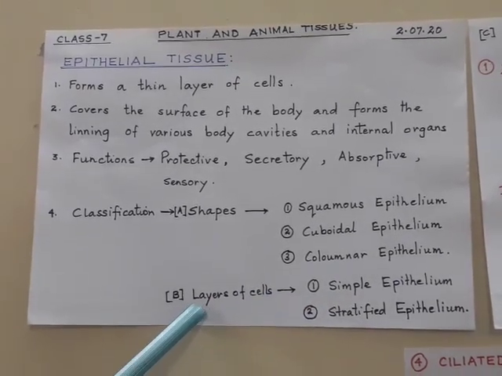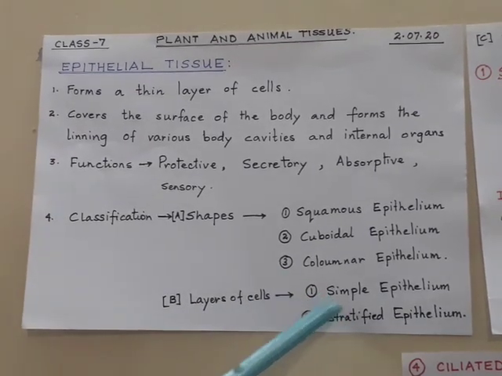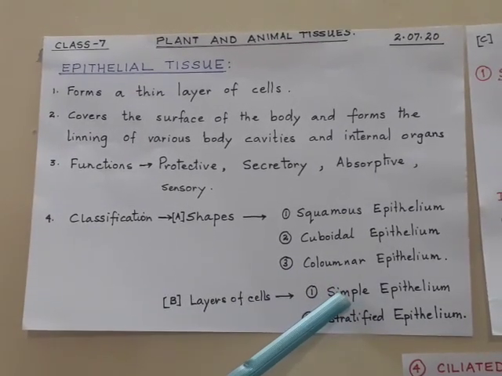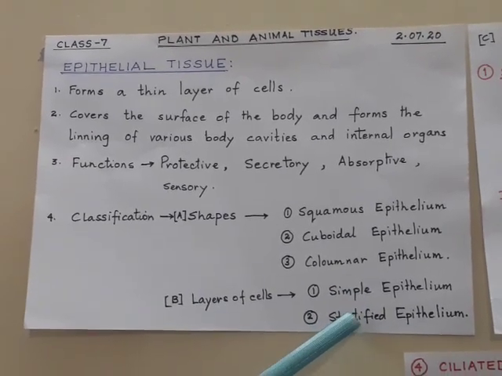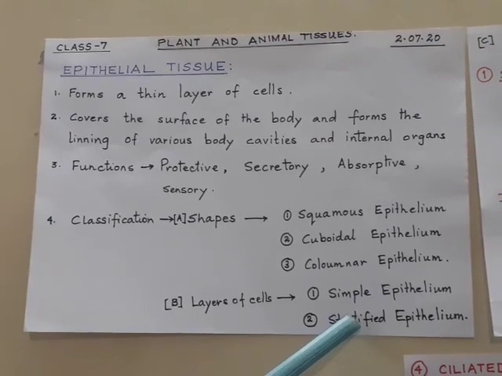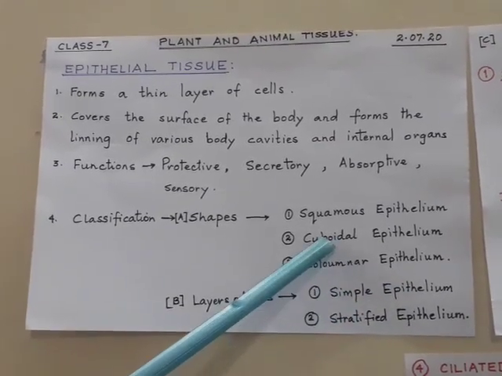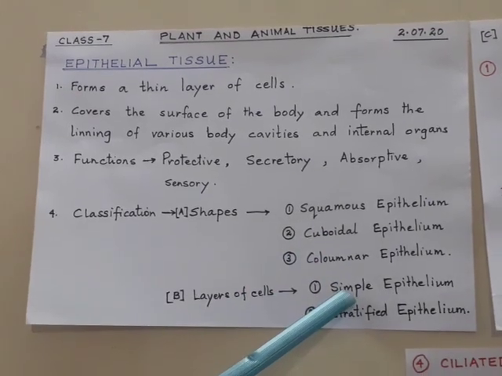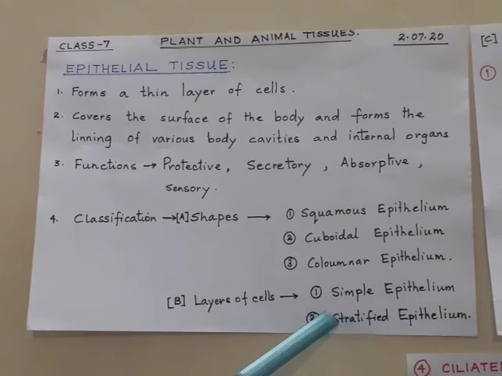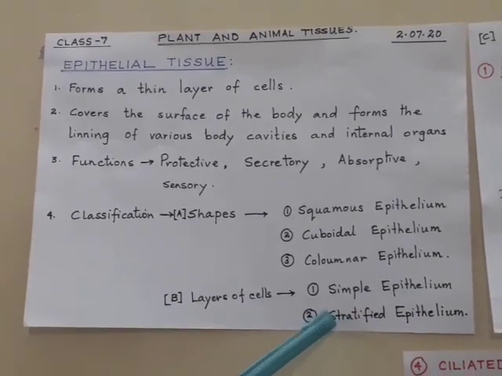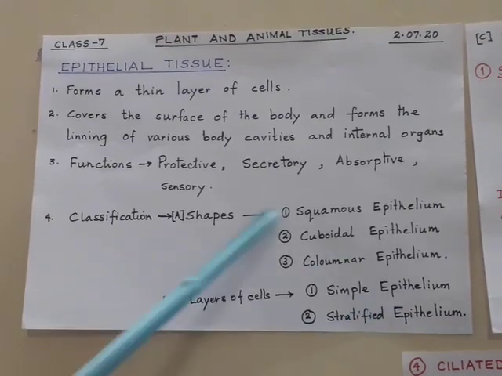Depending upon the layers of cells, it is divided into two types, that is simple epithelium and stratified epithelium. Now stratified epithelium is when the simple epithelium has multiple layers. And the types of stratified epithelium depend again upon the shapes.